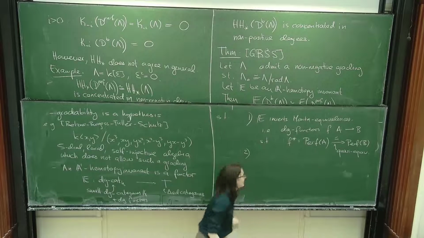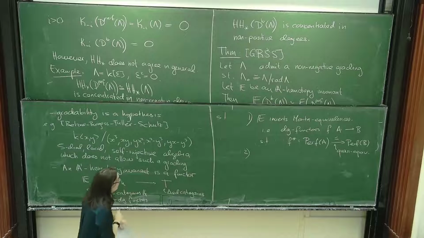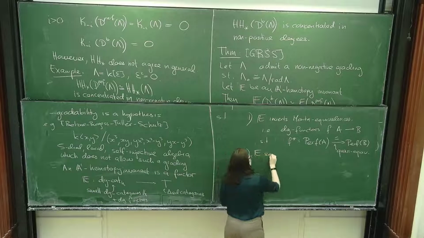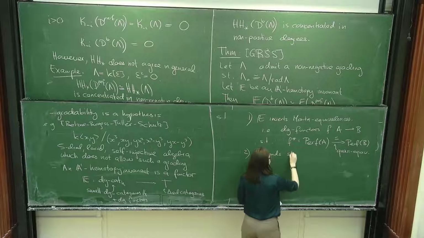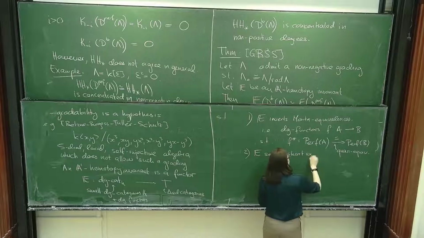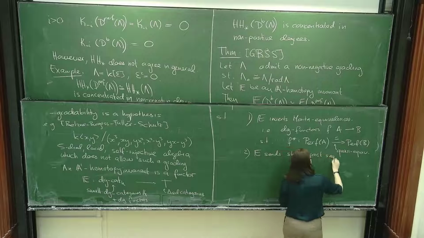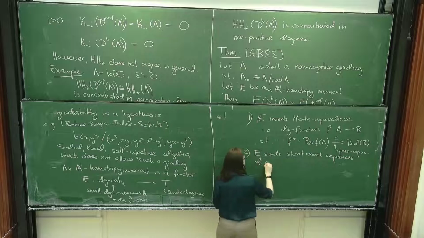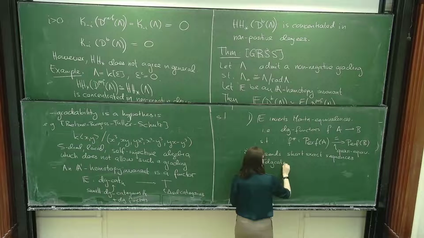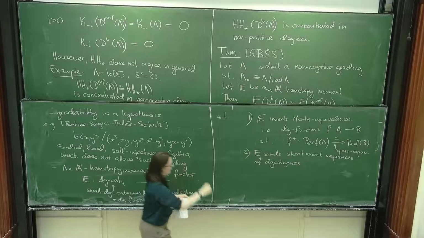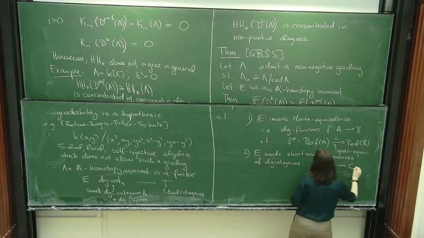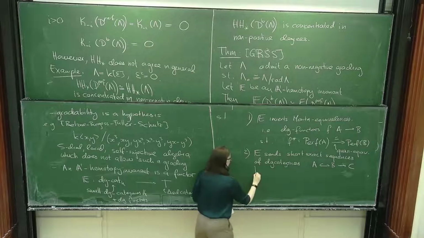The main name-giving axiom for localizing invariants, which says that E sends short exact sequences of DG categories, you can pretend they're just perf of those, sends that to a triangle.